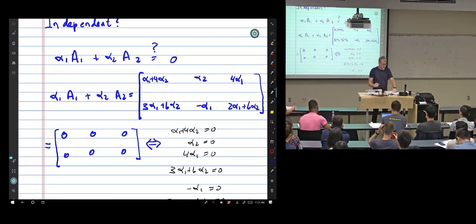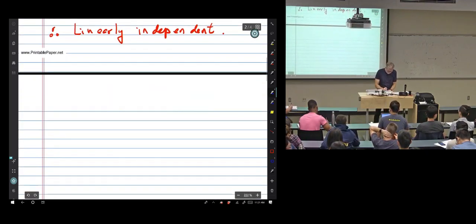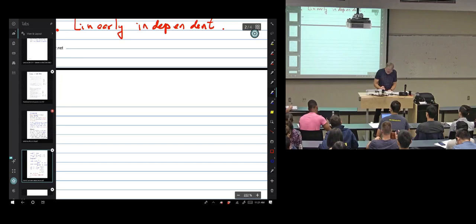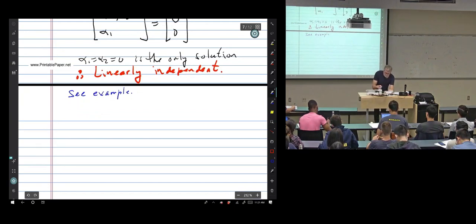Let's do one that has an infinite number of elements now. It's got to be more fun, right? Let's see. Is this what we're doing? Yeah. Okay. So you've already got that. I'll insert that page here in the notes.